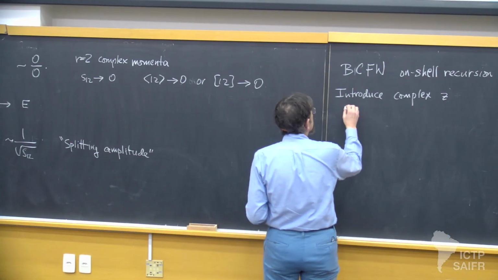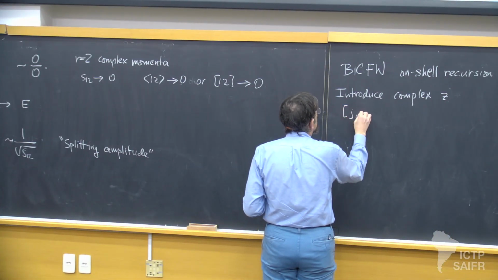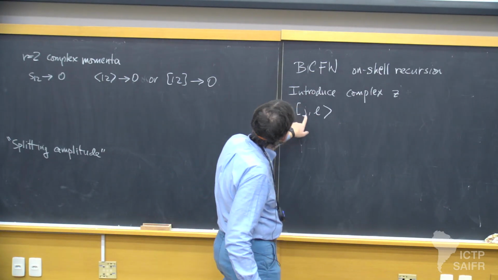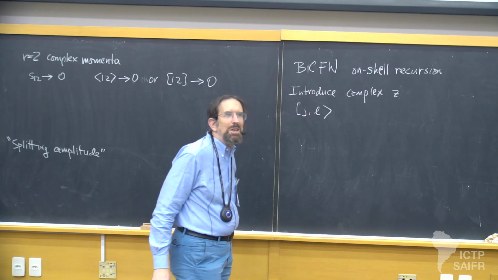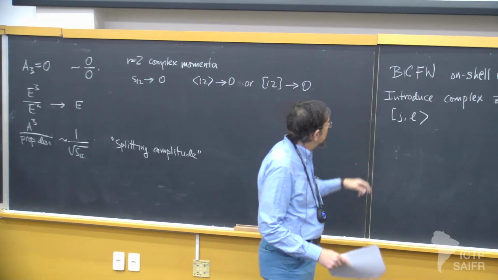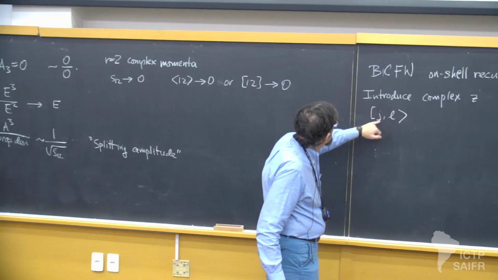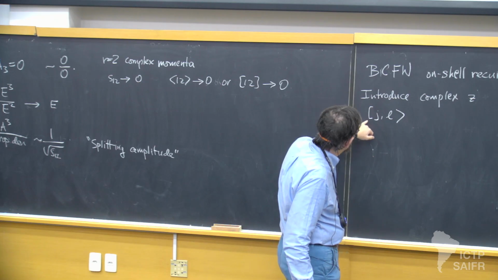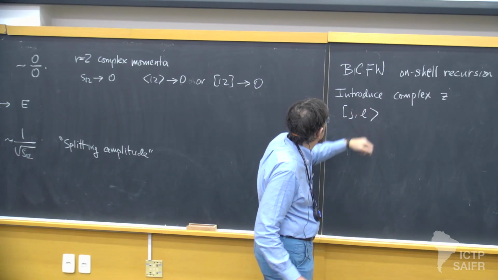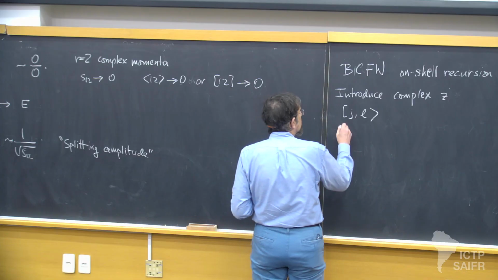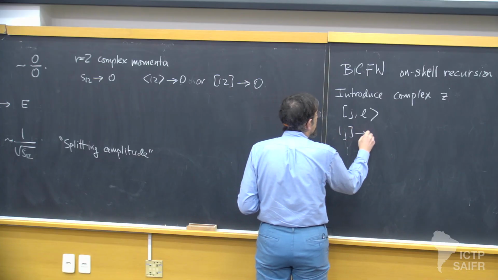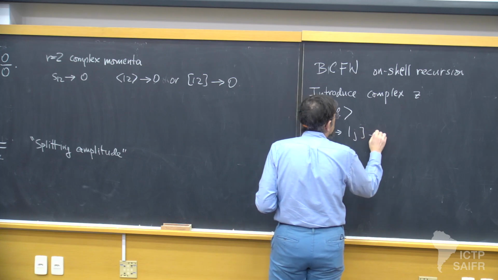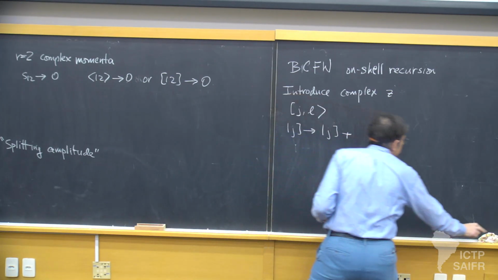So we're going to define an operation JL, and I always get confused myself as to which of the J or L are associated to which spinors, but the mnemonic is that the first one that's close to the bracket is where the bracket spinor is getting shifted, and the one that's close to the angle is where the angle spinor is getting shifted. So we're going to define a shift operation, and we're going to replace, actually let's make that a minus.